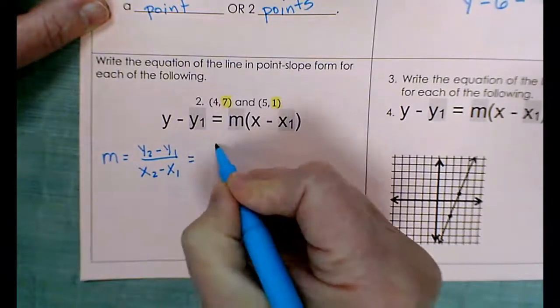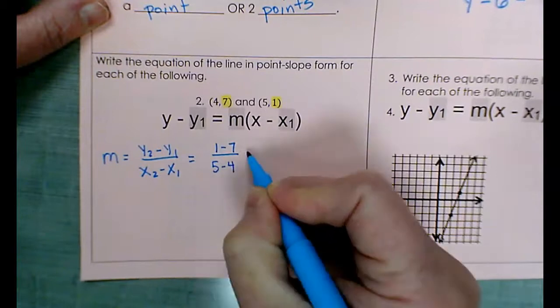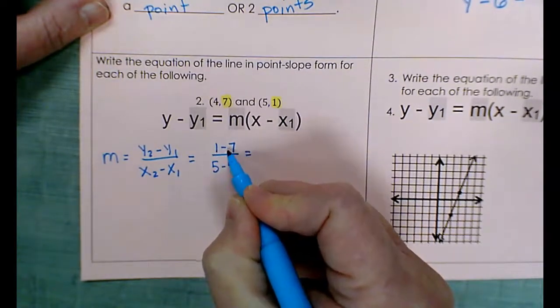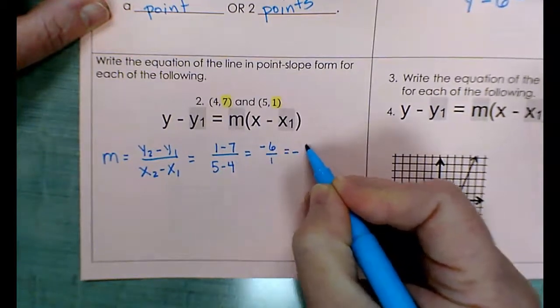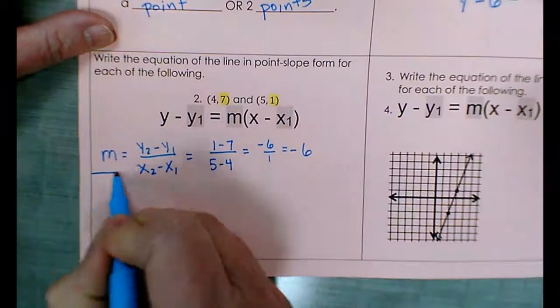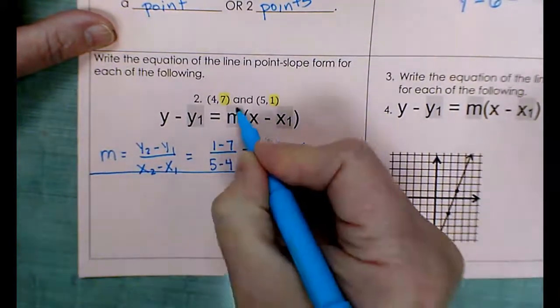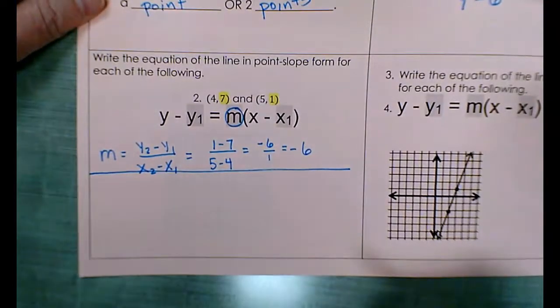So that would be 1 subtract 7 and 5 subtract 4, so that would be my slope. So in place of the m, I am going to put in the slope.